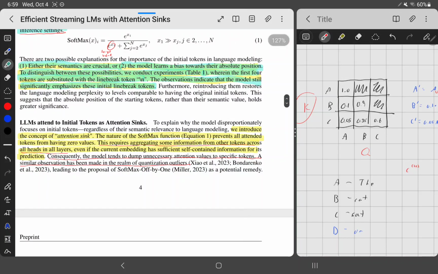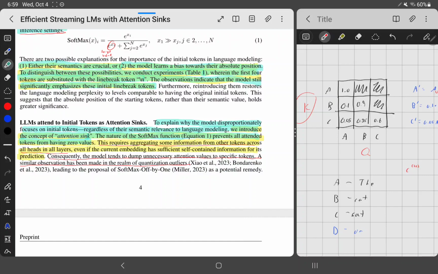Now, continuing, they say to explain why the model focuses on these initial tokens, we introduce the concept of an attention sink. So they term these initial tokens that receive high attention scores attention sinks. The nature of the softmax function prevents all tokens from having 0 value.